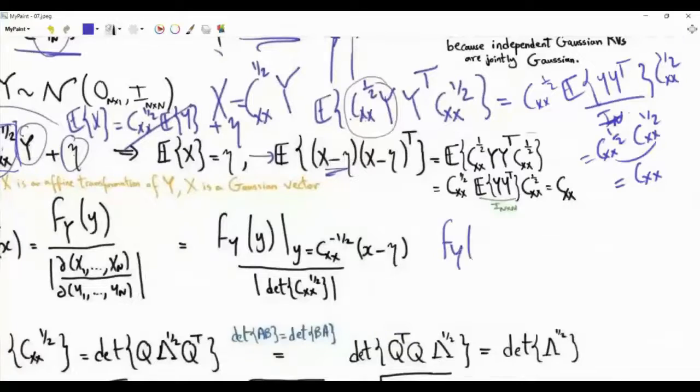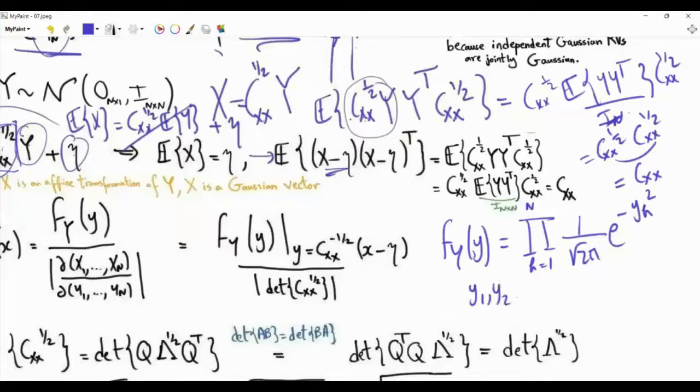The PDF of y, because the components are independent, is a product. Each one is a standard Gaussian. This y is a vector that contains y1, y2, all the way to yn over 2.